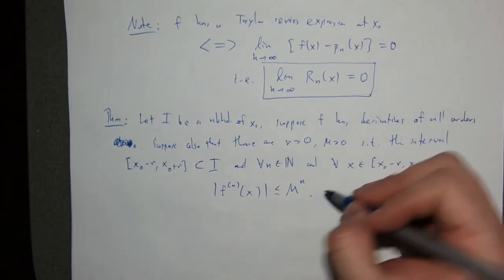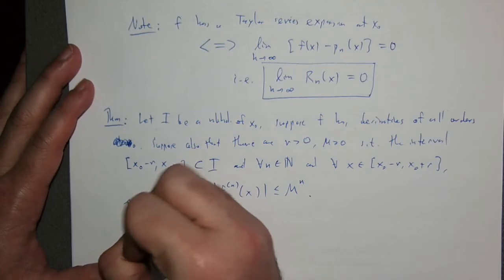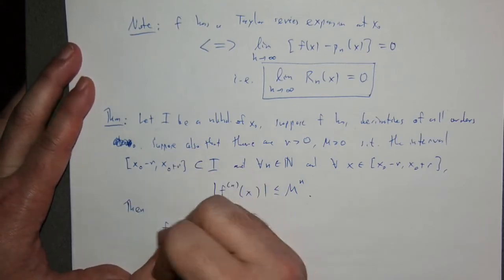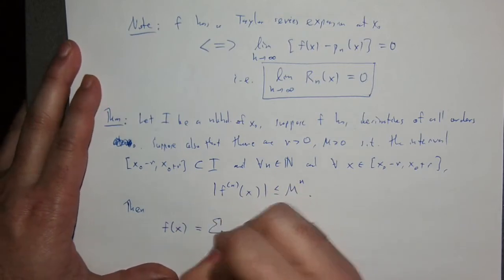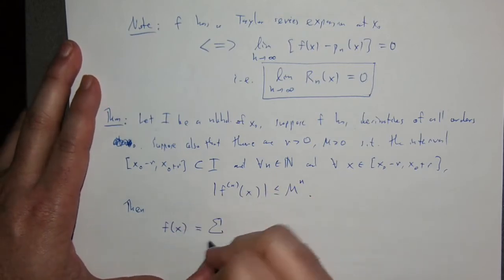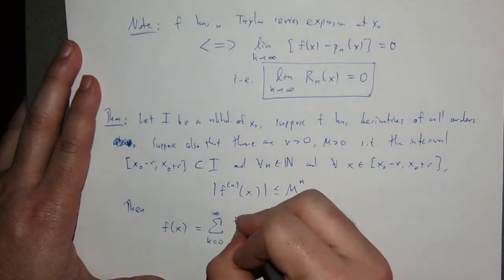Okay. Then this is actually enough to guarantee that our function f has a Taylor series expansion about x naught.